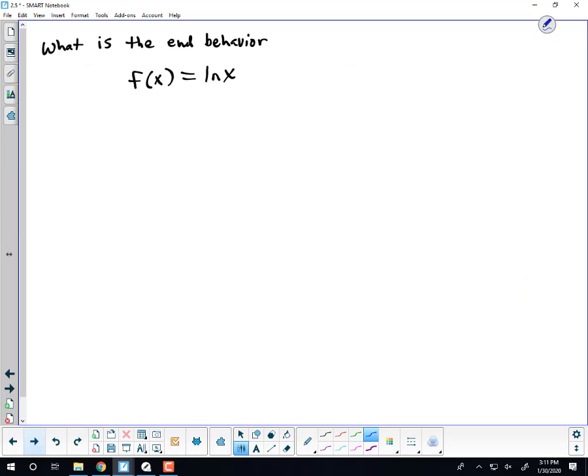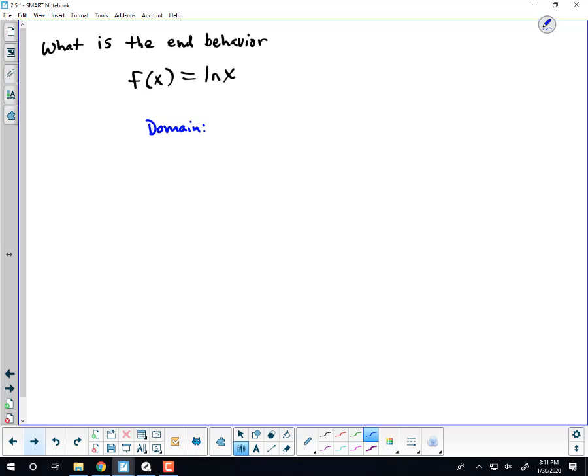So then, what's the end behavior for the natural log? First of all, we're talking about the end of the function. What's the domain of the function? Not all real numbers. Remember the natural log in relation to e to the power of x, what are those two things in relation to each other?